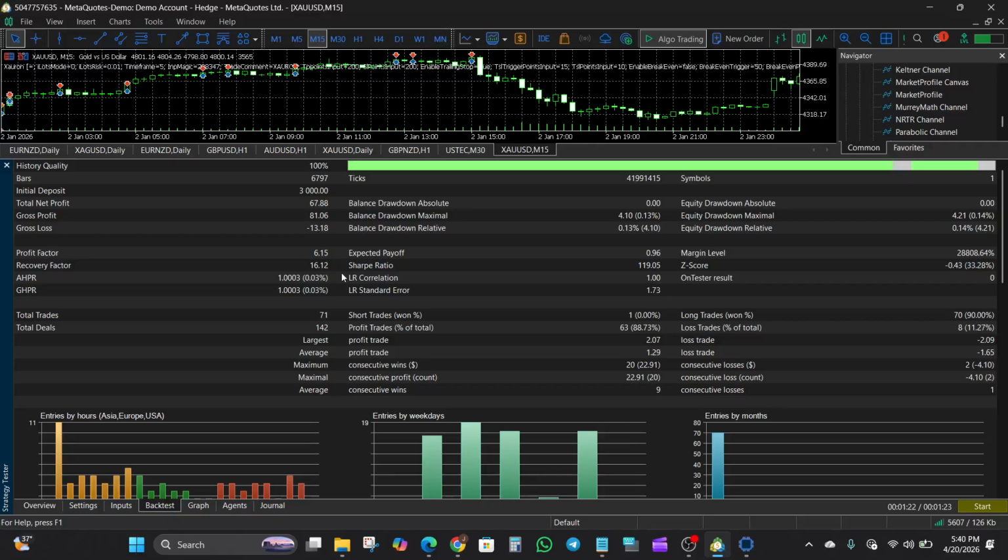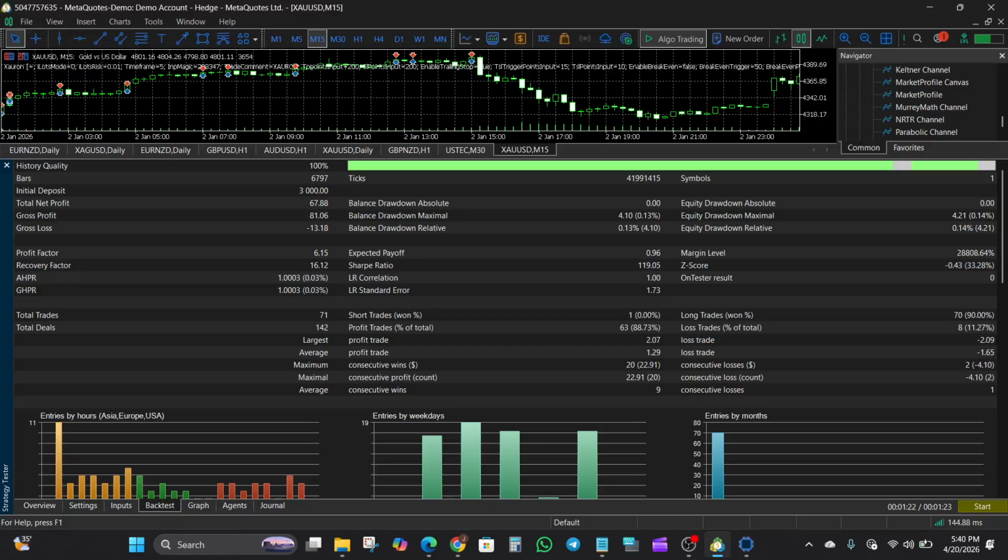And don't forget that one of the things that affects drawdown when an EA is performing is the lot size being used. Okay, so the lot size affects the drawdown. Okay, so that is going to be it for this video.